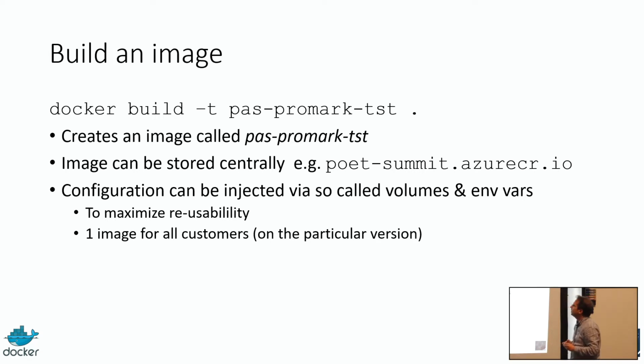I call this the ProSummit Azure Container Registry, which basically means that I send a copy of my image to Microsoft, and Thomas can sit on his laptop, and if he has the right credentials to access this one, he can then download the entire image and just run the application identically to what I do or whatever is happening on any server.